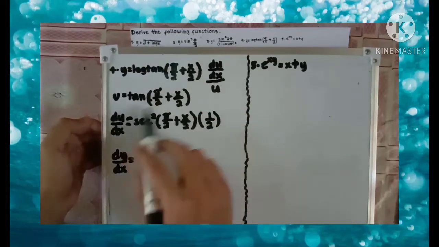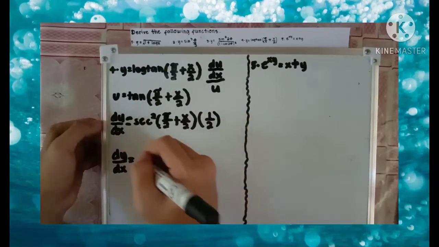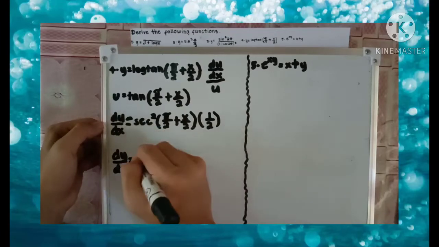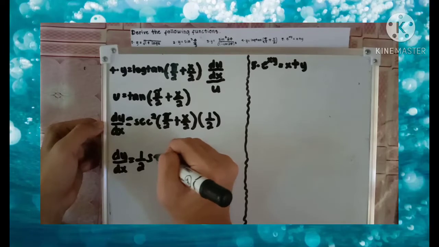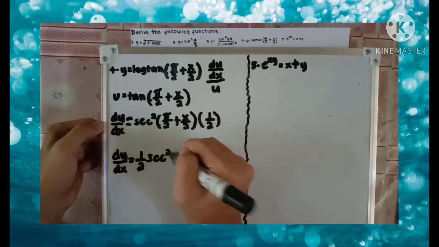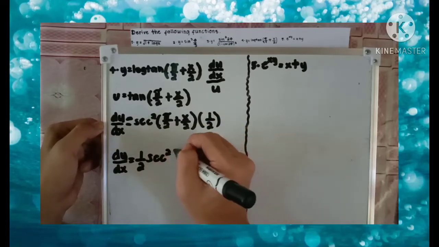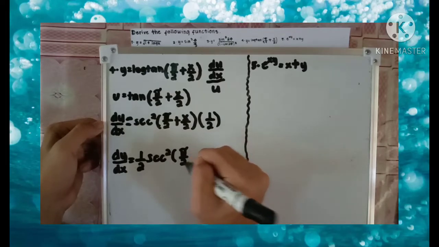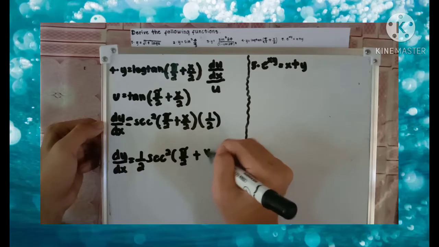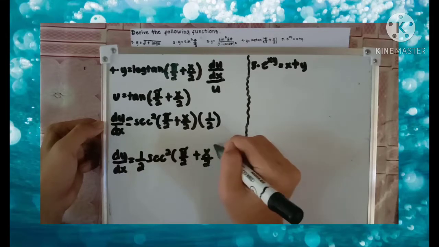So, our du over dx is 1/2 times secant squared times quantity of phi over 2 plus x over 2.